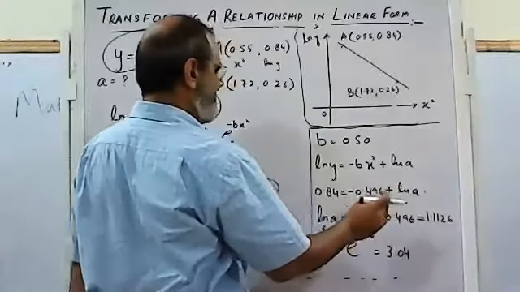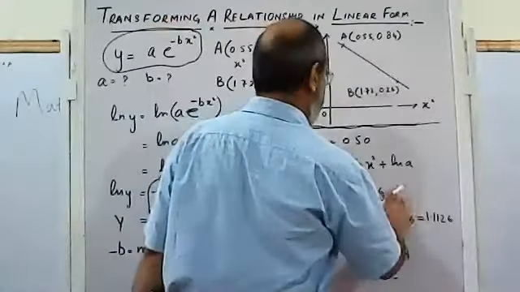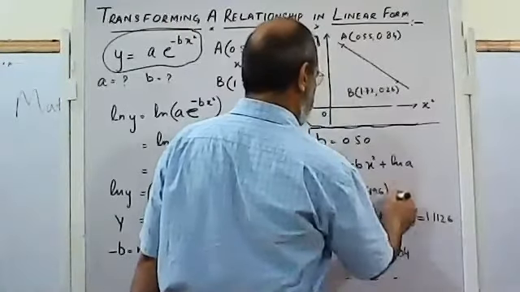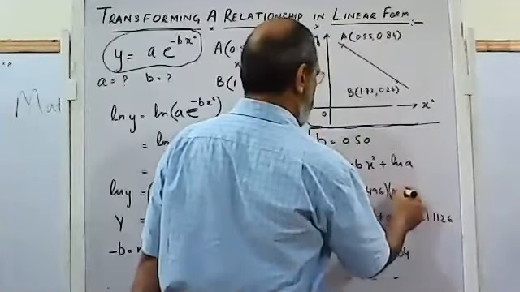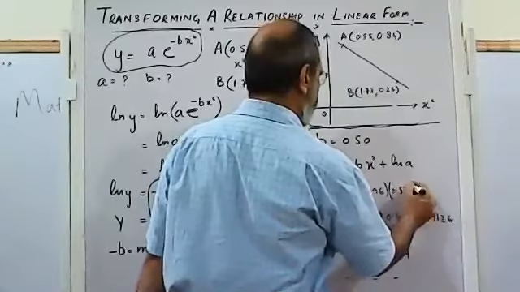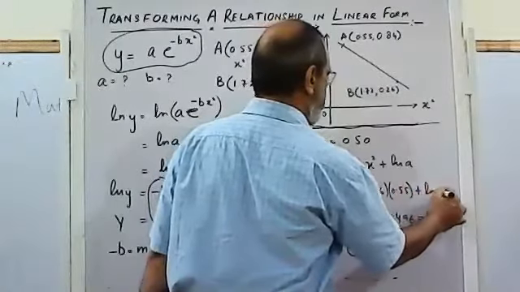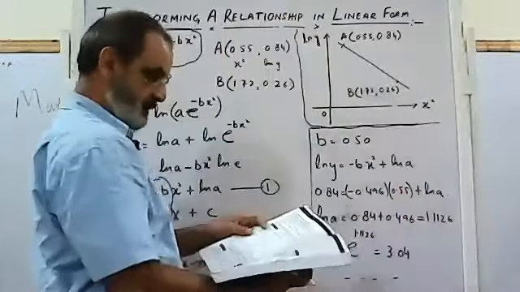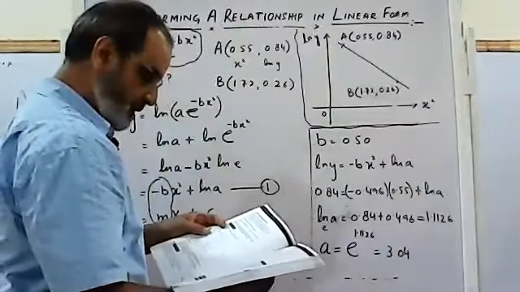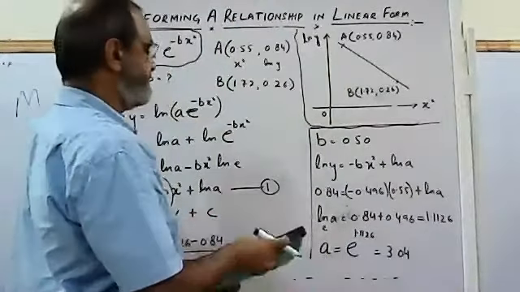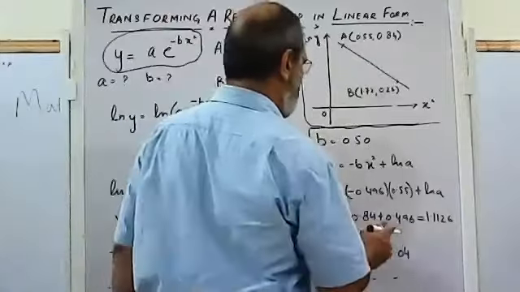Sorry, I made a mistake here. It should be minus 0.496 into 0.55 plus ln of a. It should be like that.